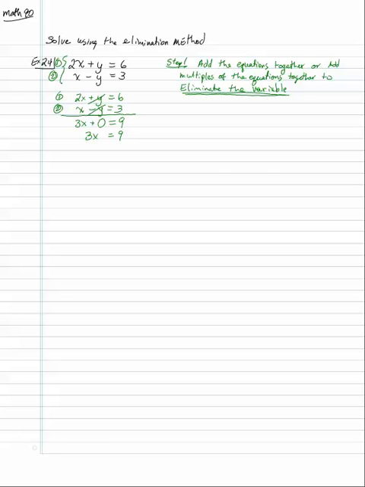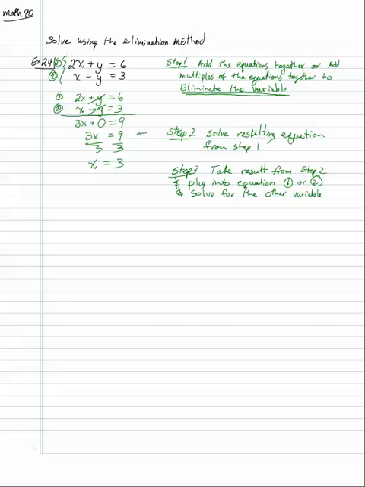So our goal was to eliminate a variable. See, we eliminated it. And now we end up with one equation with one variable. So step 2, we know how to do that. We just solve the resulting equation from step 1. So we're going to divide both sides by 3. So x equals 3. Okay, so step 3 now is take that result from step 2 and plug it into equation 1 or 2, one of the original equations, and solve it for the other variable.